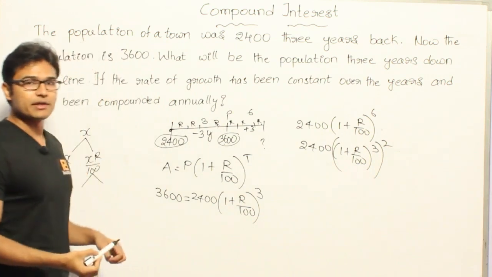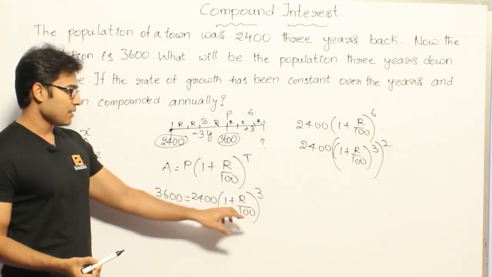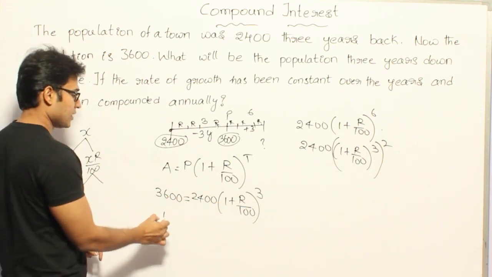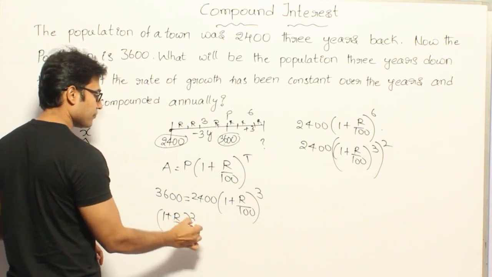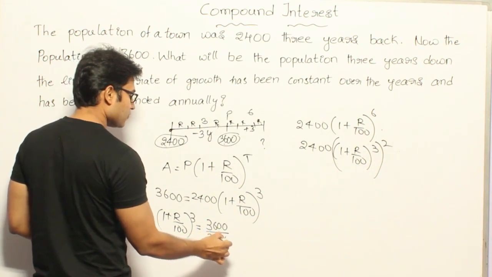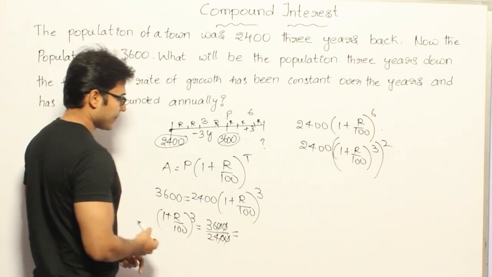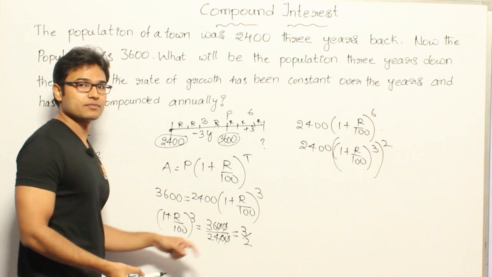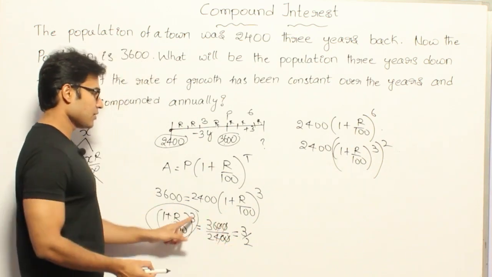The reason I am writing it that way is because I can find (1 + R/100)^3. What is it? It is 3600 by 2400, isn't it? See, (1 + R/100)^3 is equal to 3600 divided by 2400, right? Now it is 3 by 2, 12 3s, 12 2s. Got it?